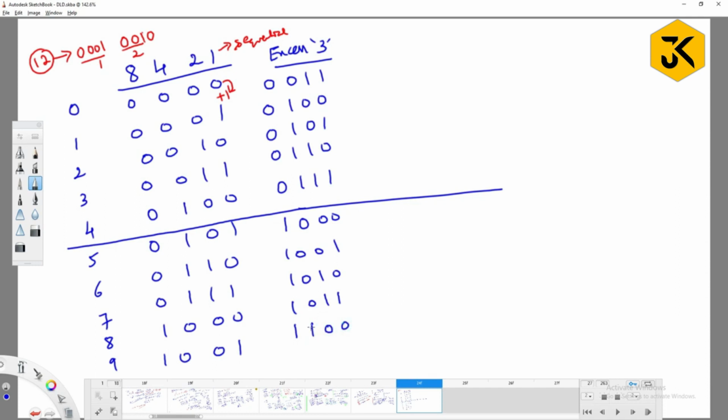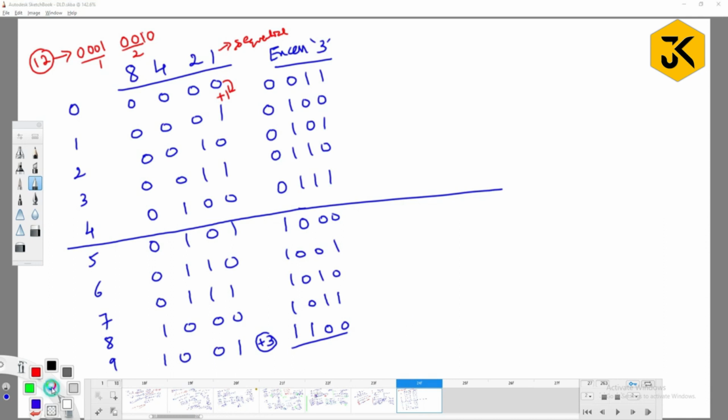Is it okay for everyone? Yes. So 9 plus 3, you get 12. So what is the range of the Excess-3 code system? 0 to 9 only. The range of the Excess-3 code system is also from 0 to 9, but the way they are stored is different.